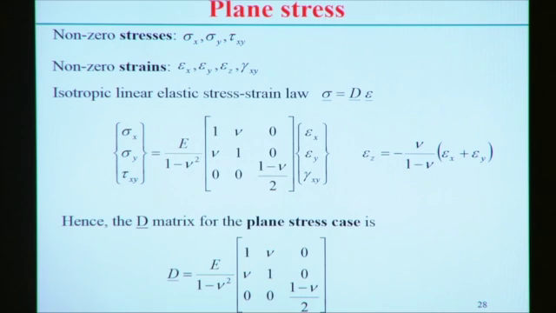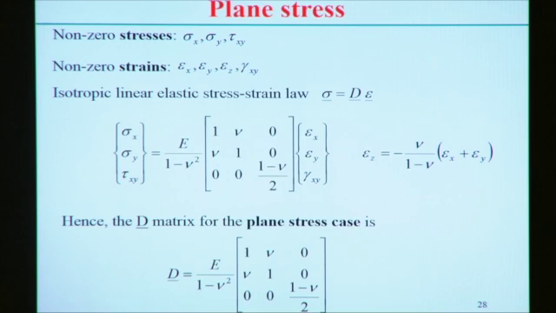So in the plane stress condition, in summary, the non-zero stresses are sigma x, sigma y, and the shear stress tau xy, and the non-zero strains are epsilon x, epsilon y, epsilon z and gamma xy. So there are three components of non-zero stress and four components of non-zero strain in the plane stress condition.